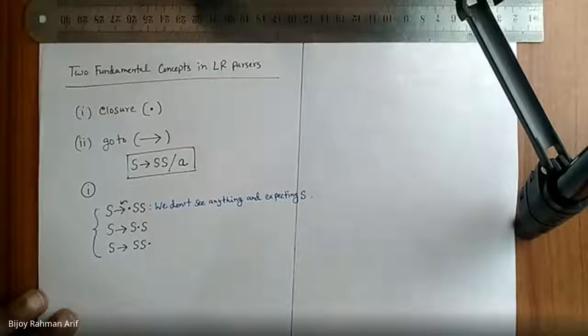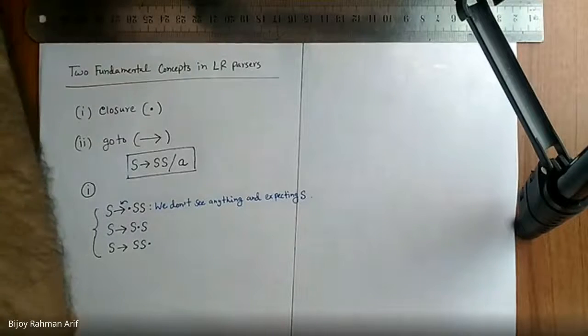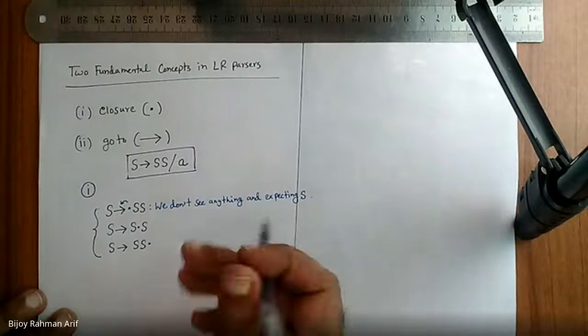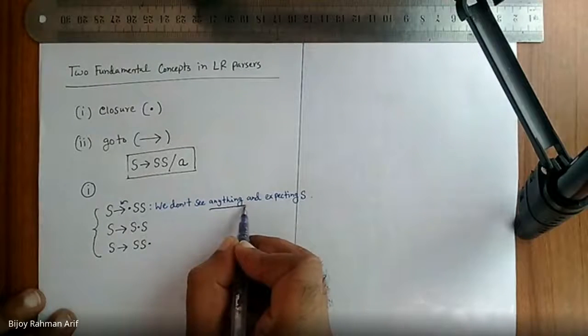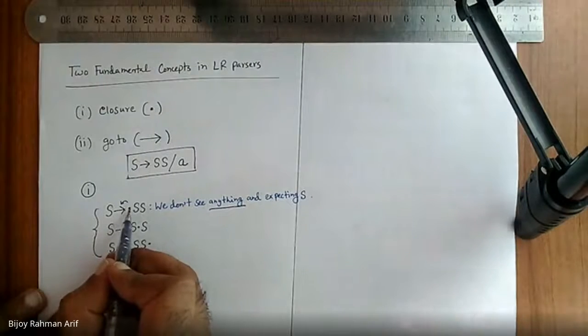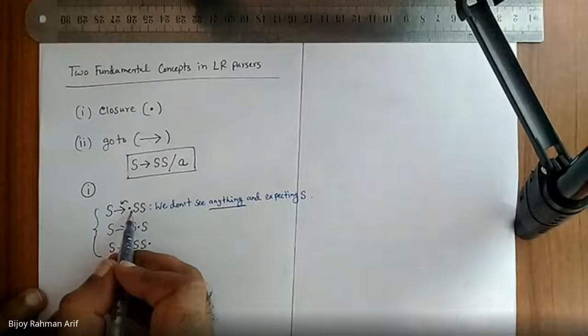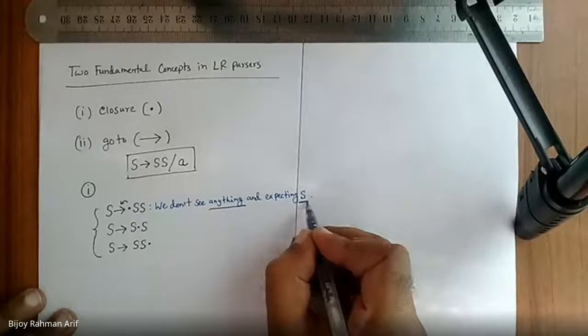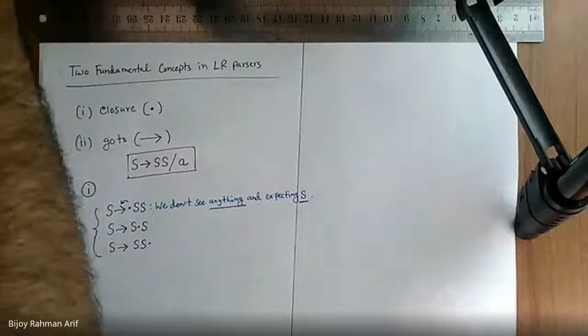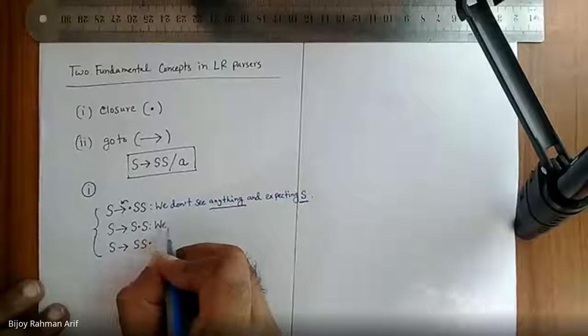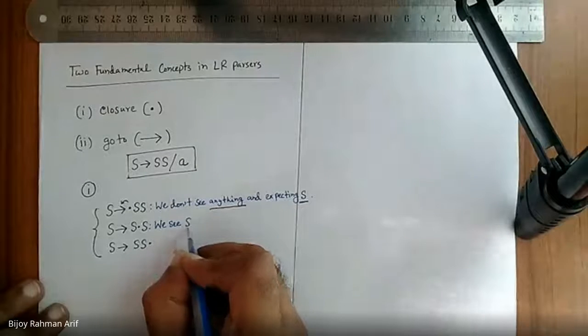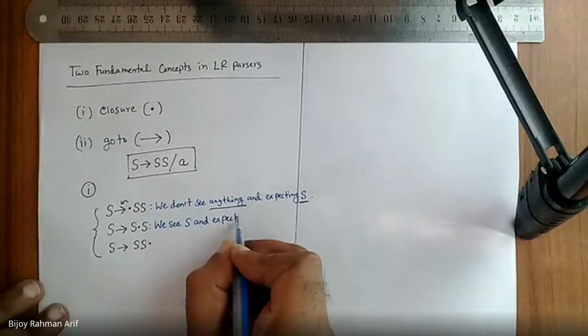Nothing. Am I right? Immediately before the closure there is nothing, that's why we write that we don't see anything. And immediately after the closure, what is there? S. So we are expecting S. Did you get it? Now how about the second one? We see S and we are expecting S. Good.